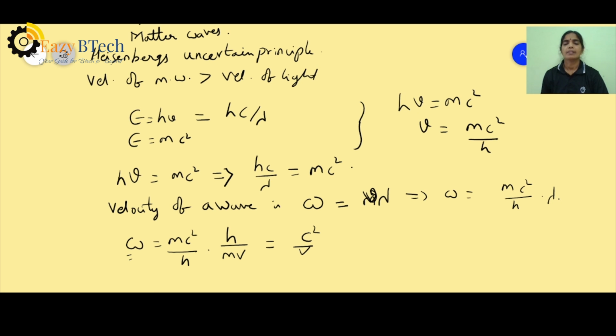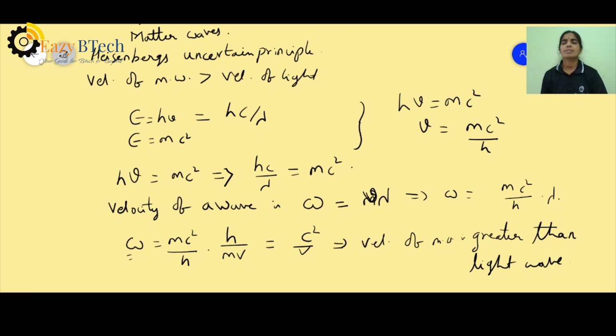Since this is happening, the velocity of matter wave is greater than the velocity of light wave. This is the last conclusion and very important for your short answers.